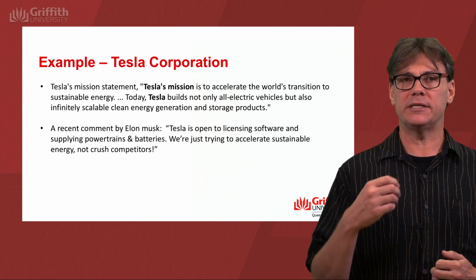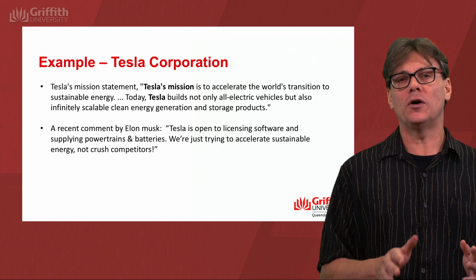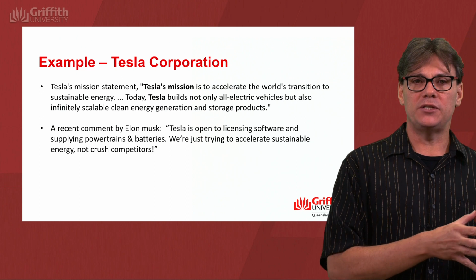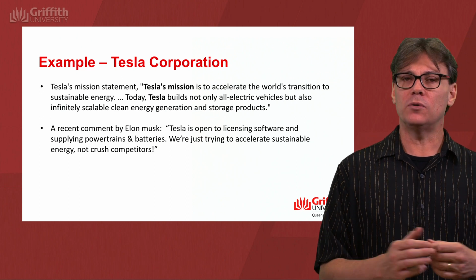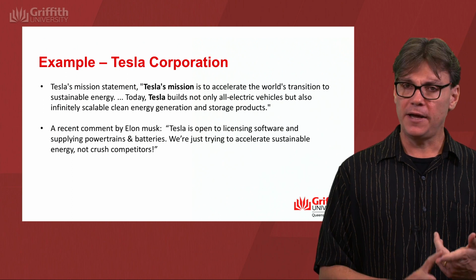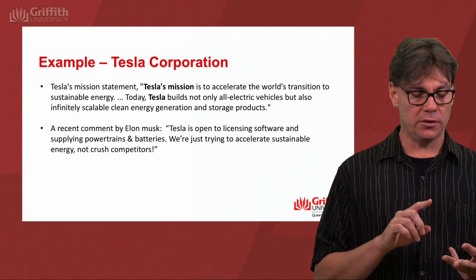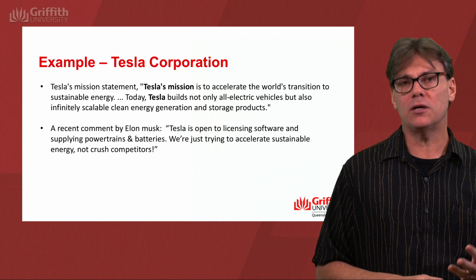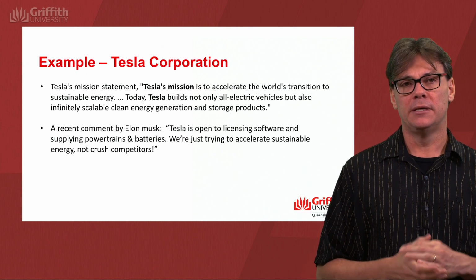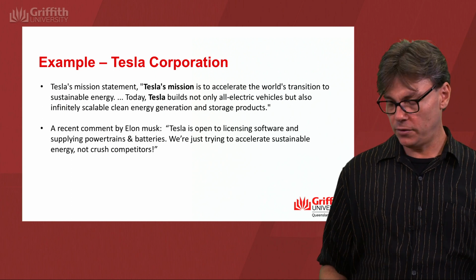We are trying to accelerate sustainable energy, not crush competitors." So his vision, his strategy, is to share this technology, but also to make money along the way. How does he do it? They've got a factory, they've got production goals, they've got sales targets, they've got HR goals. All of those tactics that they employ on a day-to-day basis go back to his strategic vision of the future.